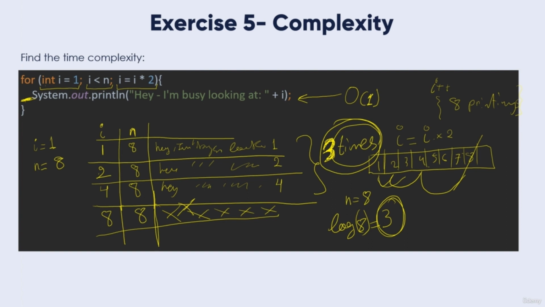So log 8 is equal to 3. This means the complexity is O of log n. So log 8 equal to 3, which means this is the time complexity.